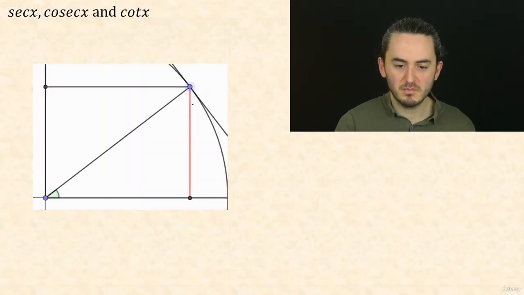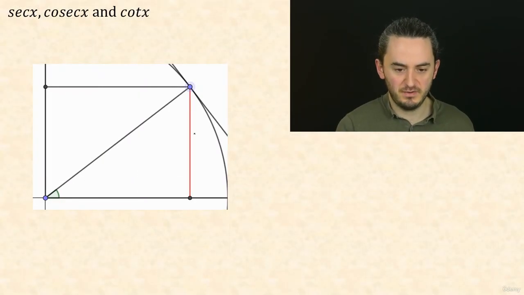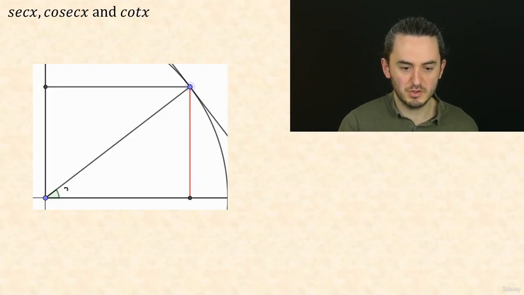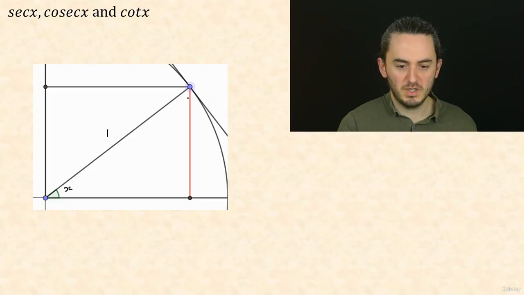All right, we're going to start by zooming in and having a look at this vertical line here. So what do we know about this picture? Well, we know that this angle here is, well, I've just called that x. We know the radius is 1. So could we work out what this red line is? Well, I've got information about the opposite and the hypotenuse, so that's sine.